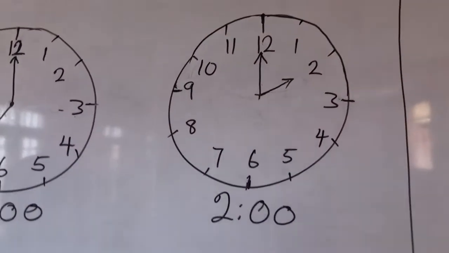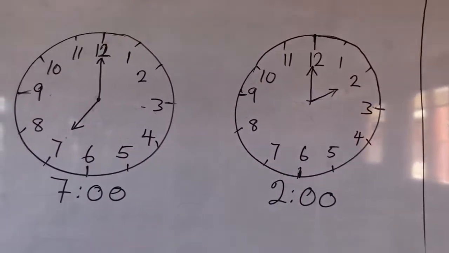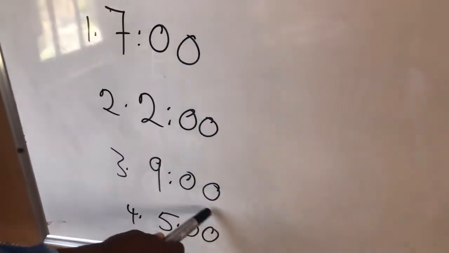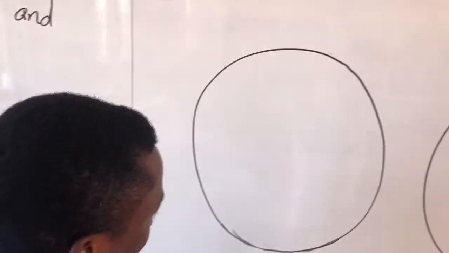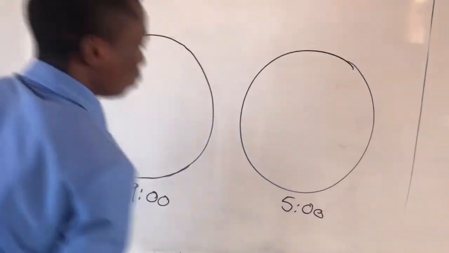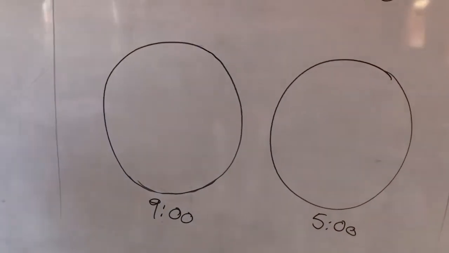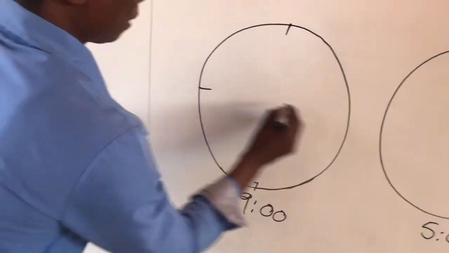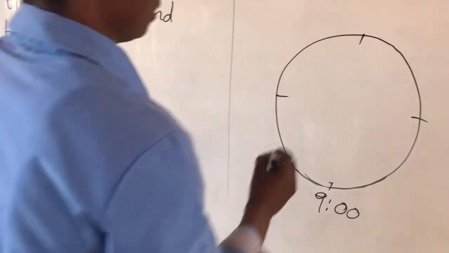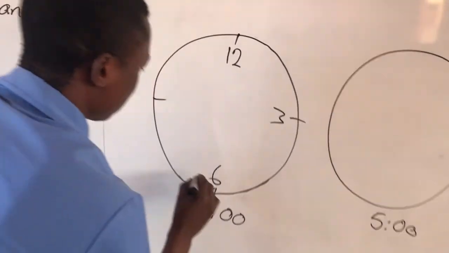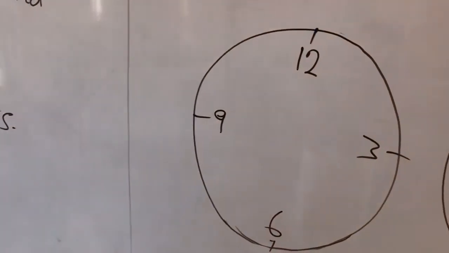All right, let's move on to the next number, 3. Number 3 is 9 o'clock. Number 4 is 5 o'clock. So let me write them here: 9 o'clock and 5 o'clock. All right, so quickly mark your circles. Left, right. Now you name them: 12, 3, 6, 9.